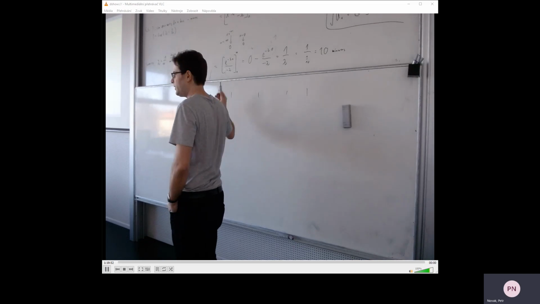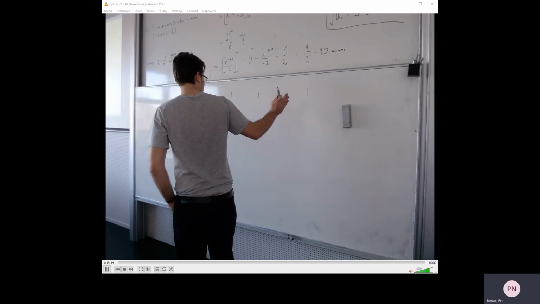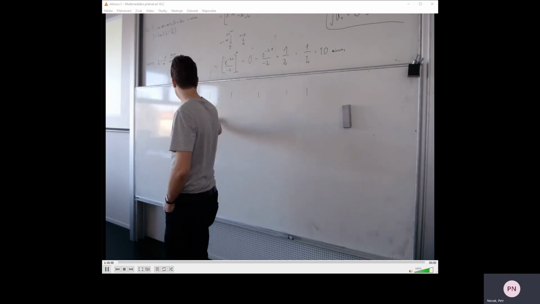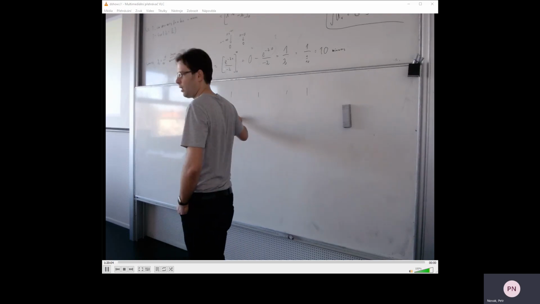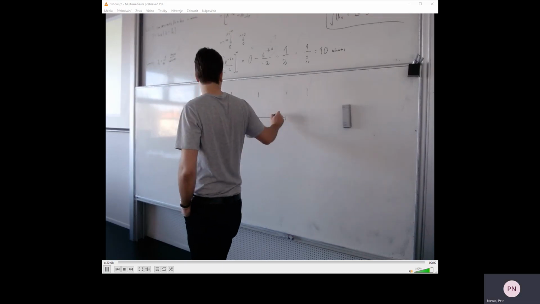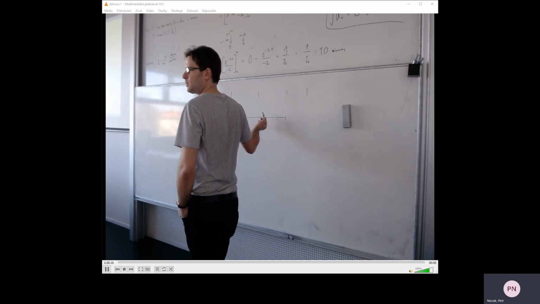But this is not how the exponential distribution works. The exponential distribution gives us some of the distances small, some of the distances large, but the average being 10 minutes. Okay?